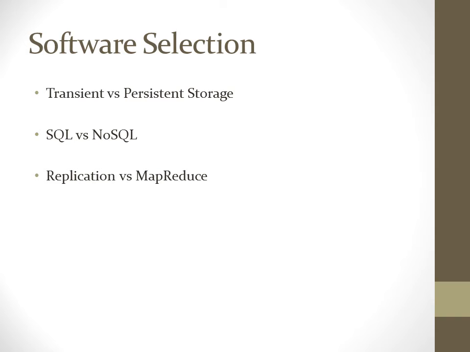So if you want to improve performance and increase the size of storage, you can add additional servers, and the workload on that database is extended out to those servers.